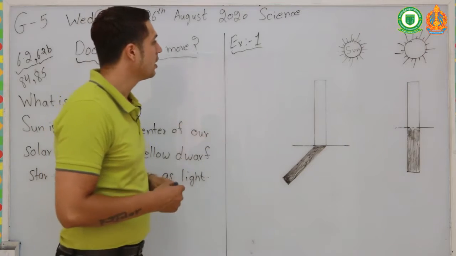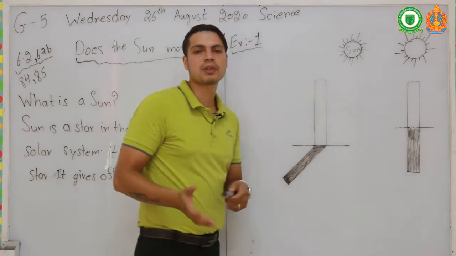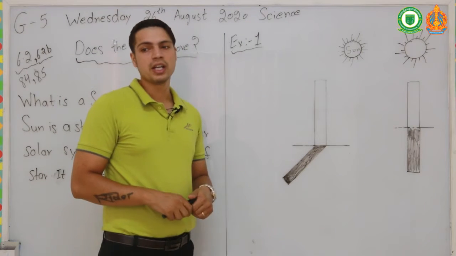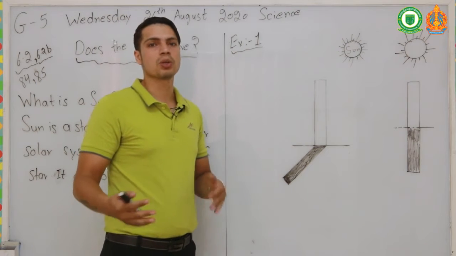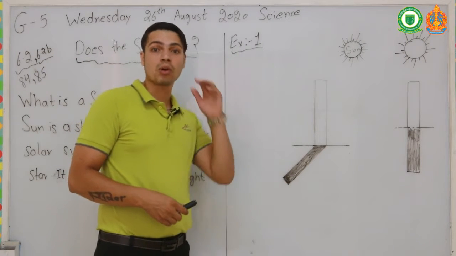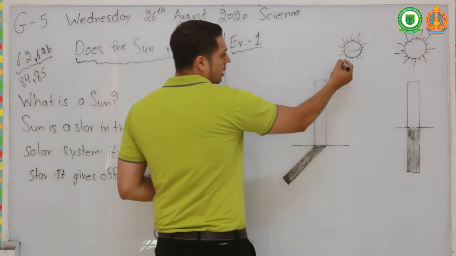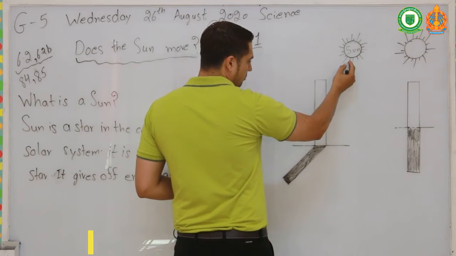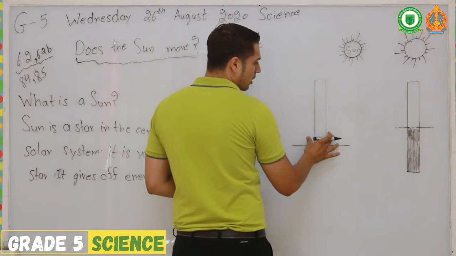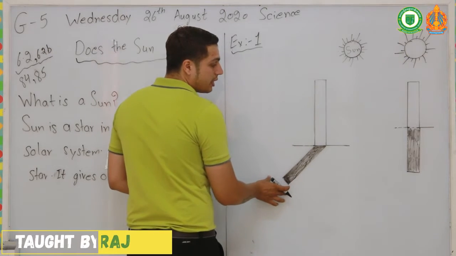In your chapter 5 you studied about shadows. With the help of shadows we can also see the movement of earth, not the sun. Now you see the sun is here, and here is a pole. You can see a pole and the shadow comes here.